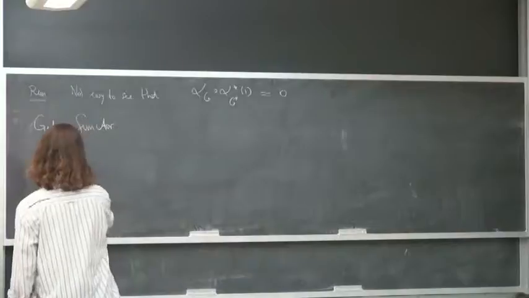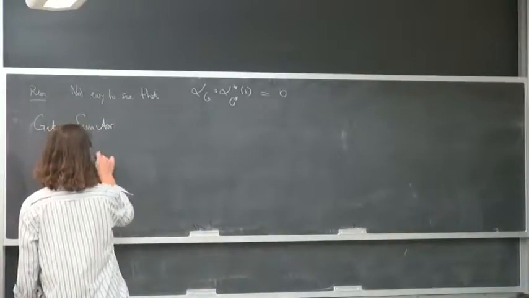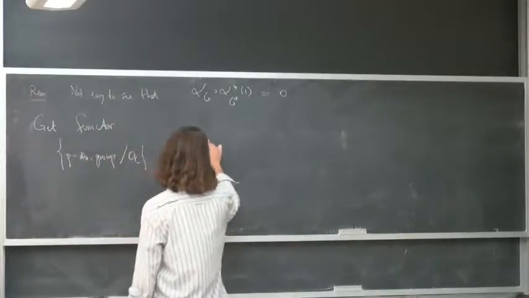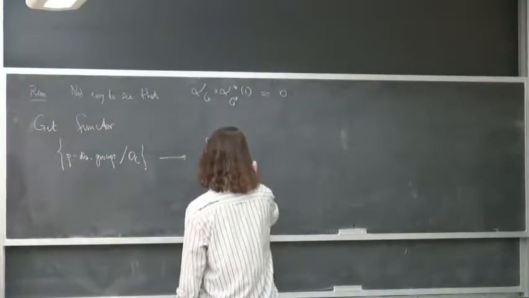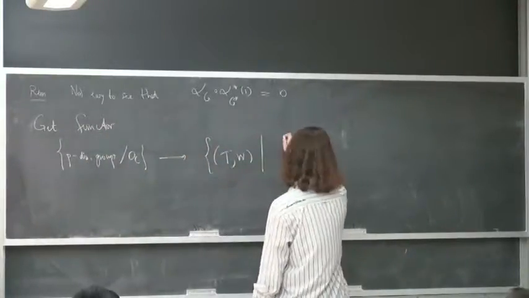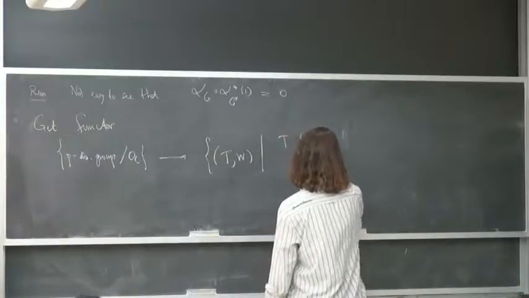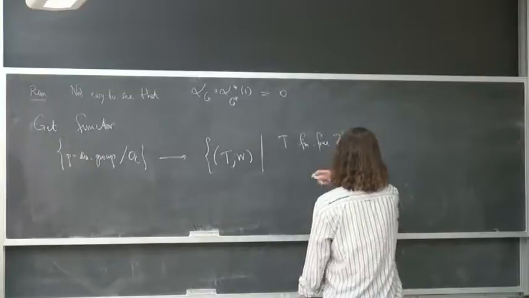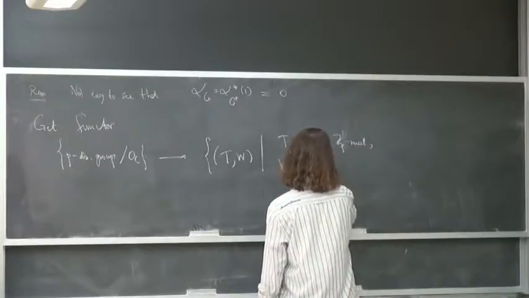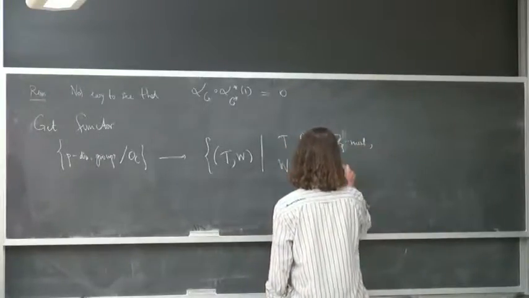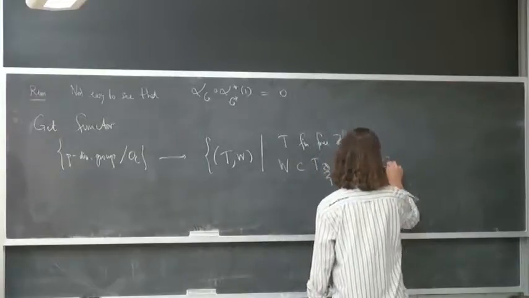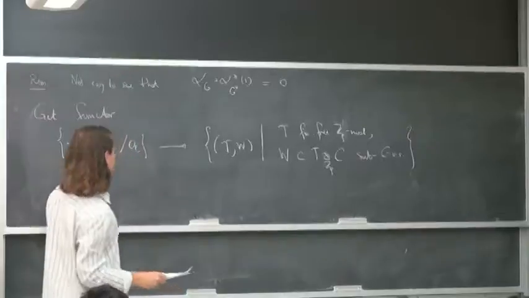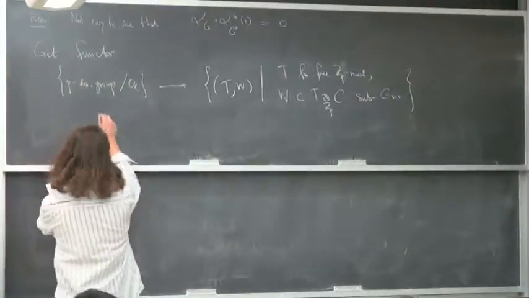So it goes from p-divisible groups over OC to the following data, T, W, where T is a finite free Z_p module, and W in T tensor C is a sub-C vector space, which is the obvious thing.